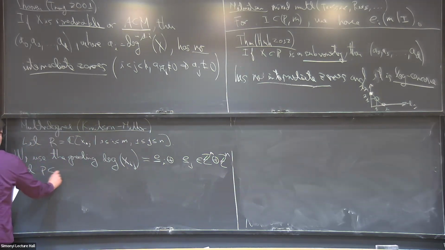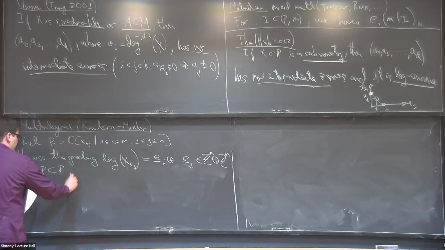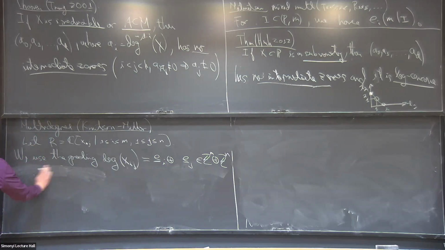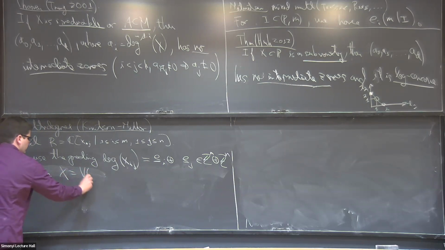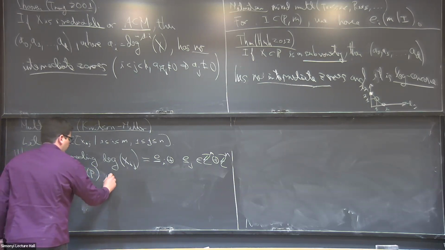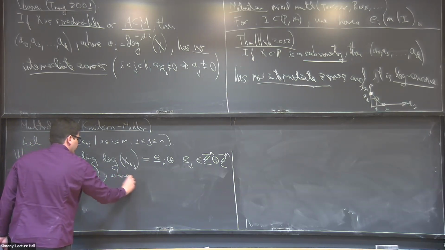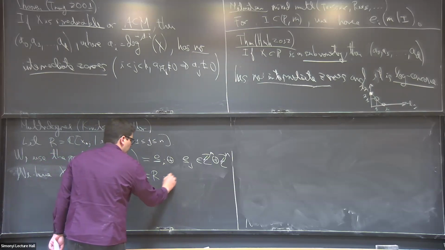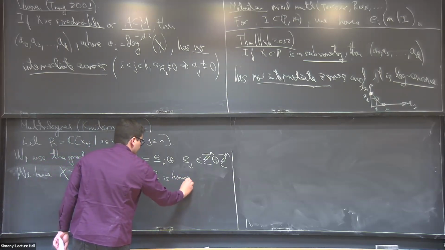And if we have P, let's say some prime ideal, well, actually, this irreducible subvariety inside the space of matrices will be the vanishing of some prime P, where P is a prime that is homogeneous with respect to this grading.